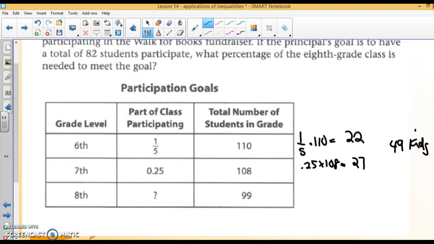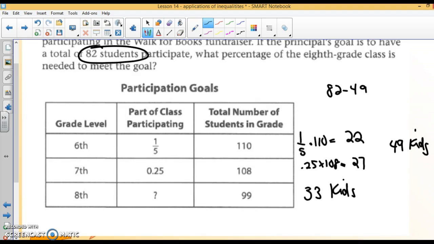So the principal wants there to be 82 students participating. So 82 minus 49 means we need to have 33 kids participate in 8th grade, because if you add 22, 27, and 33 together, you will get 82.